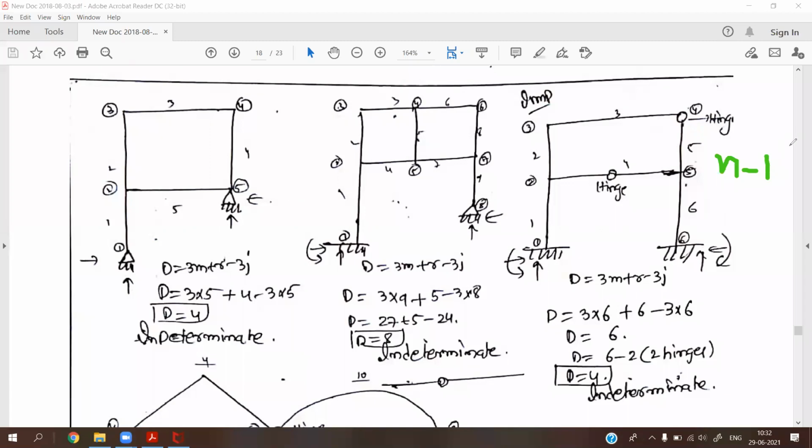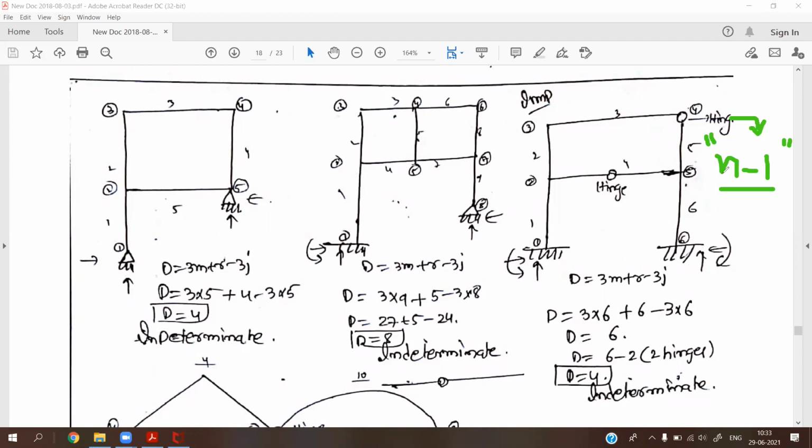N minus 1 equations are present for a hinge. This is an important point, remember it. A hinge has n minus 1 additional equations for the frame, where n means the number of members connecting to the hinge.